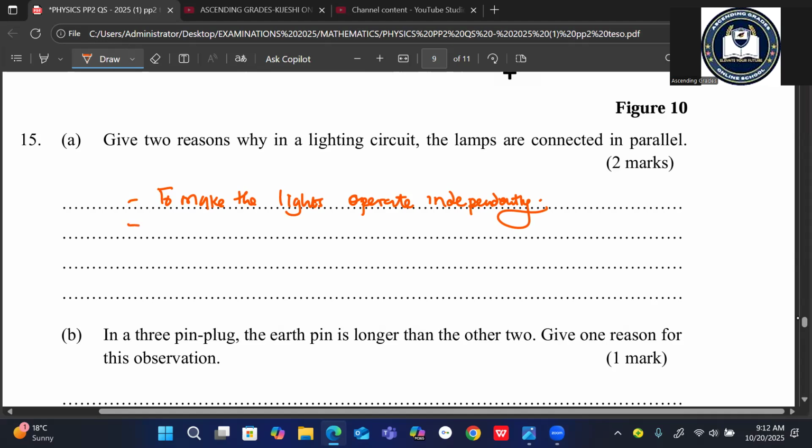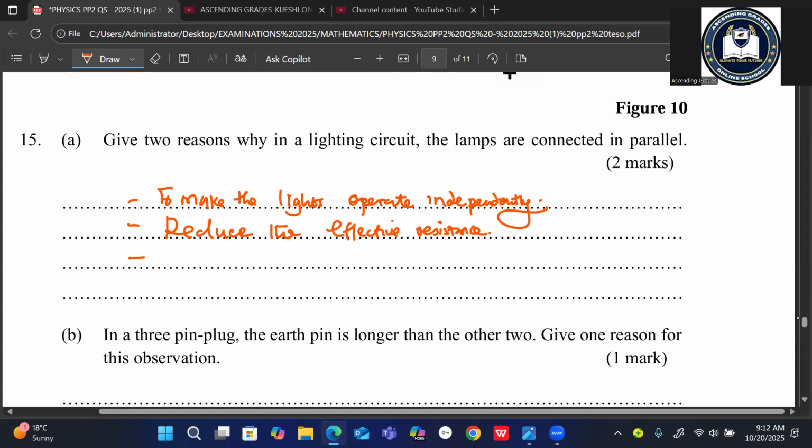We also have another reason. Reduce the effective resistance. Remember, in a parallel connection, we reduce the effective resistance.